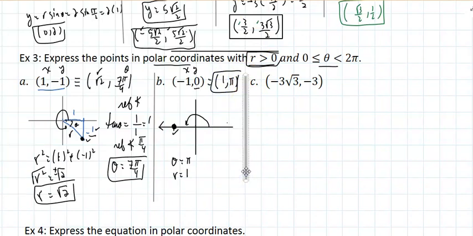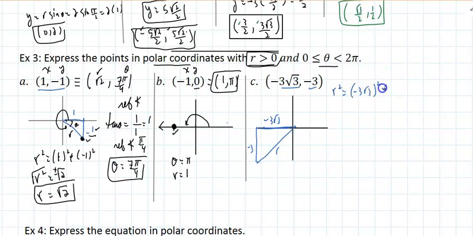If it's that simple. This point right here, if I plot that, that is at negative 3 radical 3, negative 3. So I could figure out what r is. Well, r squared is negative 3 radical 3 squared plus a negative 3 squared.